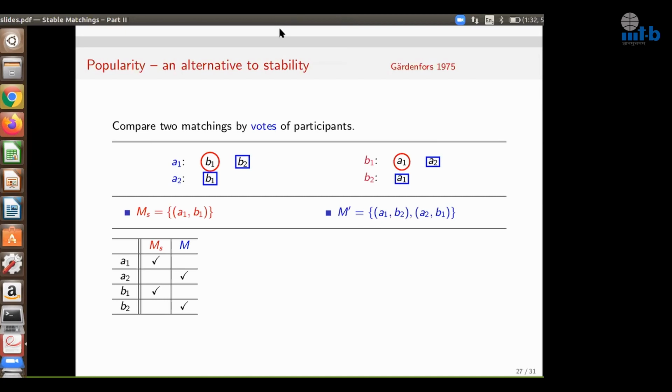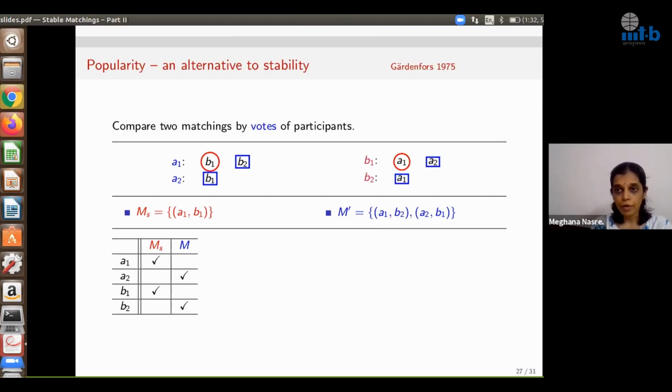Ma'am, if we have multiple popular matchings, will the size of each matching be the same or different? Popular matchings do not enjoy the property that they have the same size. In fact, the stable matching is popular, and we will show that in this instance M prime is also popular. What did I say as the definition of popularity?